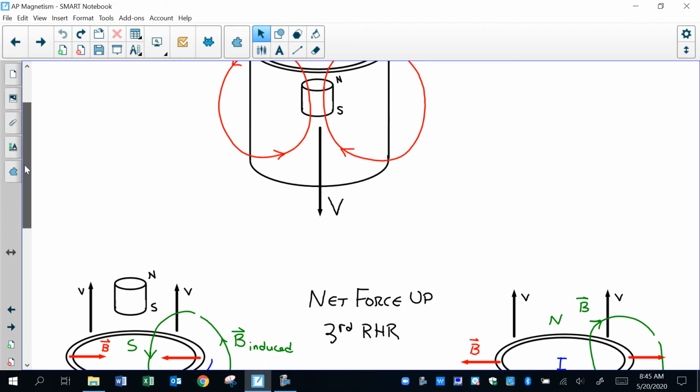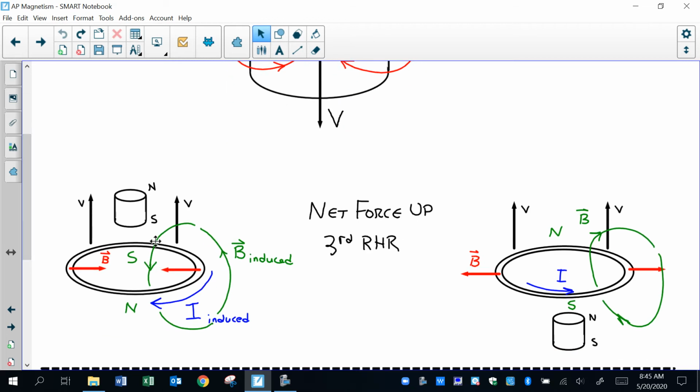So the red arrow represents the magnetic field caused by this south. If I visualize the loop moving up, what I find is that the red arrow is going to get stronger and stronger because it's getting closer, right?